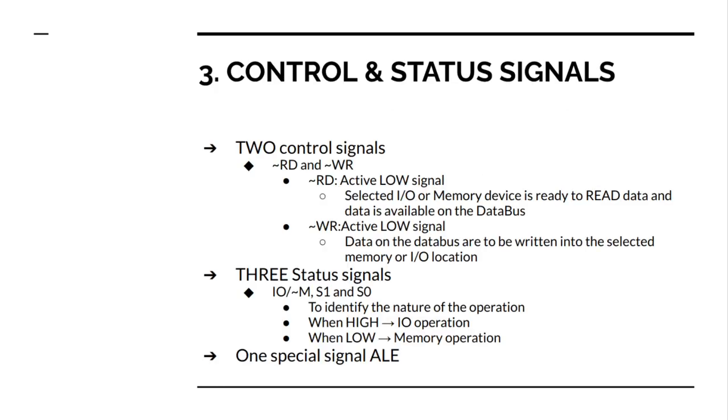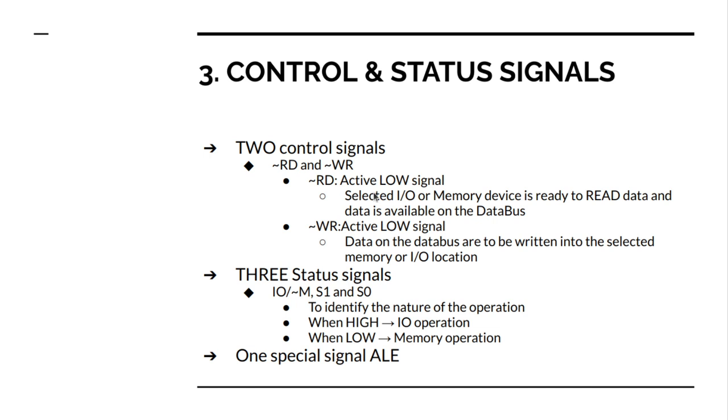Then we have the control and status signals. We have two control signals, read and write. As you can see here, RD bar is an active low signal. That means if RD bar is true, it is not reading.